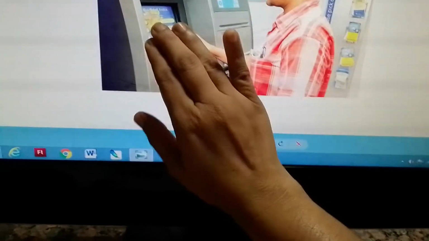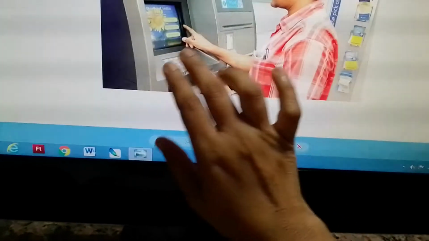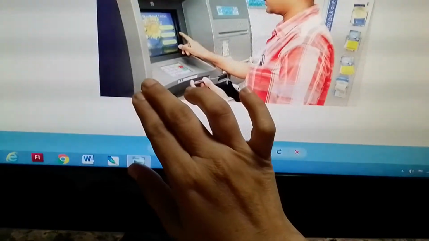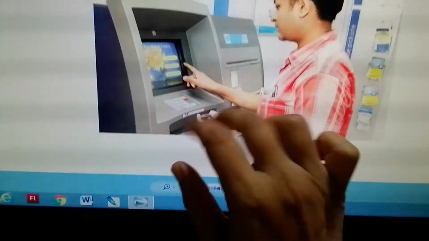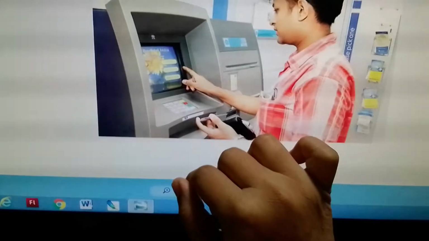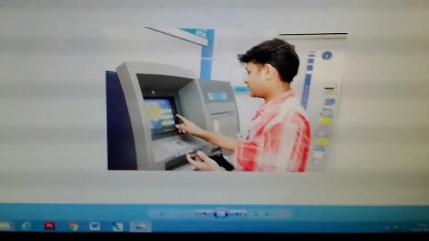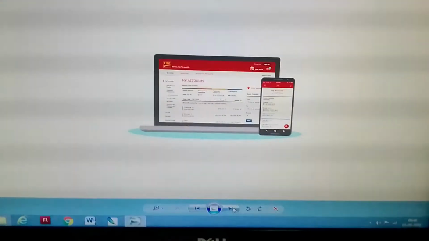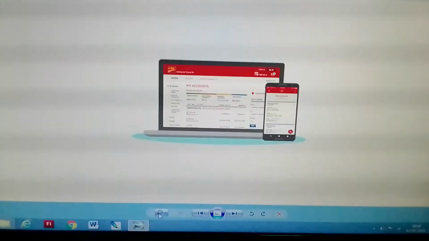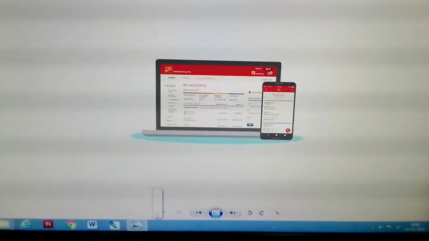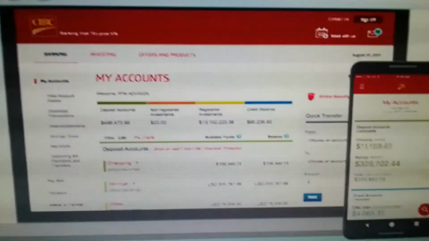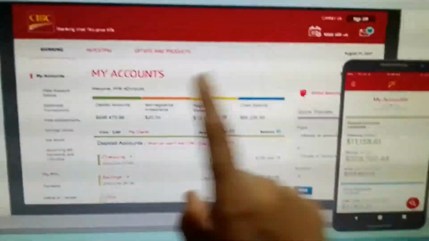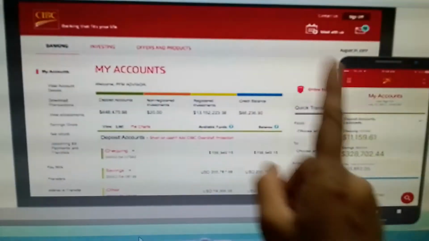So when you give some information using touch screens, they are processed by computers and then your money comes out of the machine. So nowadays we can do online banking using computers, laptops, tablets, mobiles.